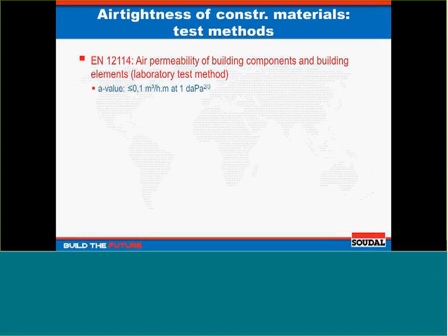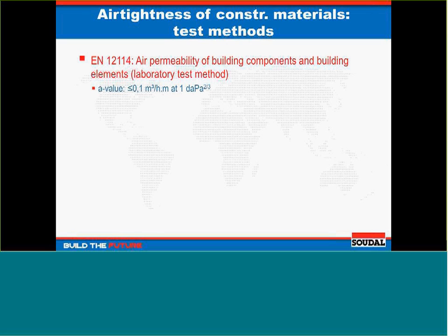Air permeability can be tested otherwise, if not available through any product standard. And I think the most relevant norm to prove airtightness of a construction element or a building component is EN 12114.